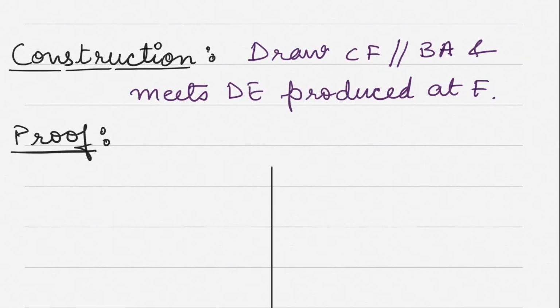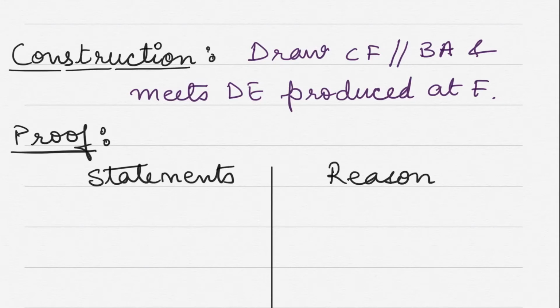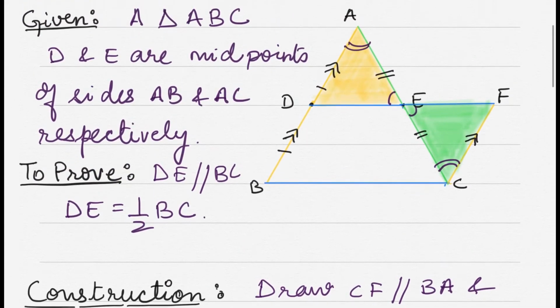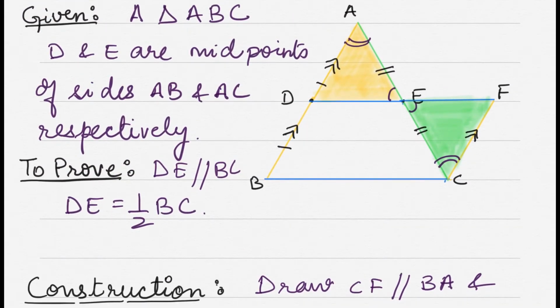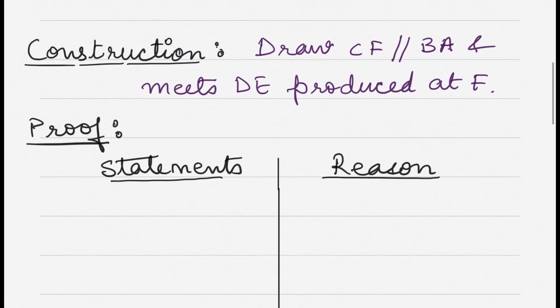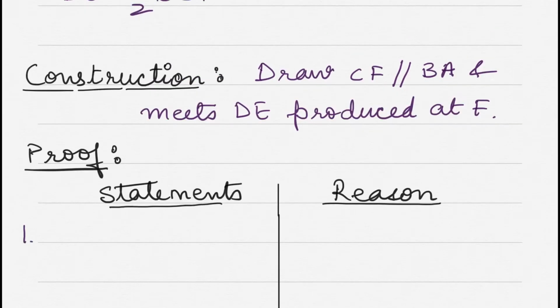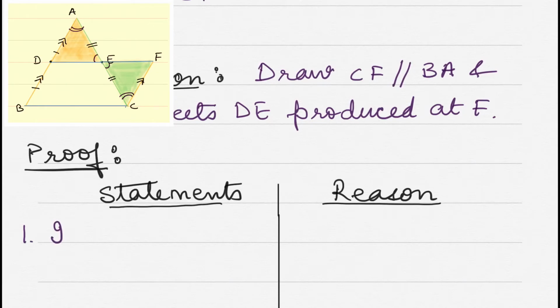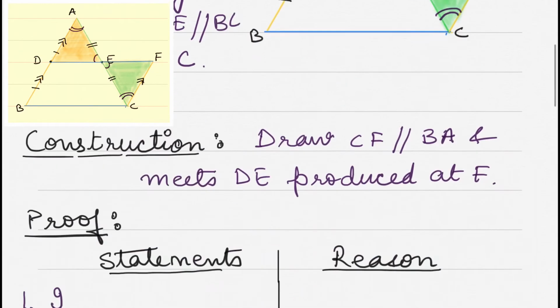Next step, we have to write down the proof. We need to write down the statements and we have to write the reason for the statement. Okay guys, so let's see. We have two triangles, triangle ADE and triangle CFE, correct? So I think I can take these two triangles. Let's write down the statements to prove and their reasons. First point, I'm taking the triangles ADE and CFE.